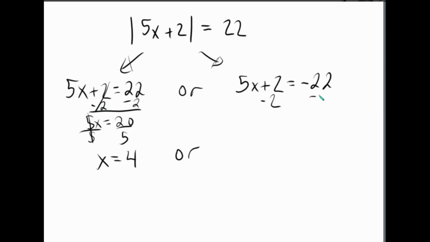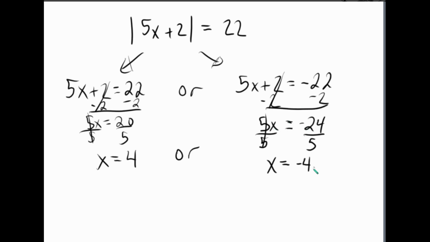Subtract 2, subtract 2. Watch your negatives. Negative 22 minus 2 is negative 24. Bring down my 5x equals negative 24. Here we are going to get a decimal, and that's okay. Divide each side by 5. So x could also equal negative 4.8.